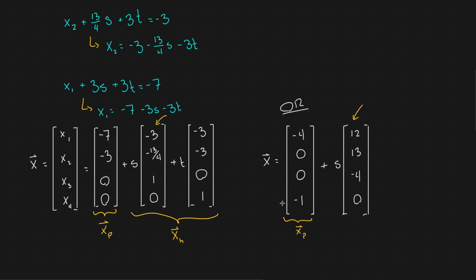Okay? And same thing for this vector. If I scale this vector by any non-zero scalar, it would still work to describe my homogeneous system. Because my general homogeneous solution is any scalar multiple of this vector plus any scalar multiple of this vector.